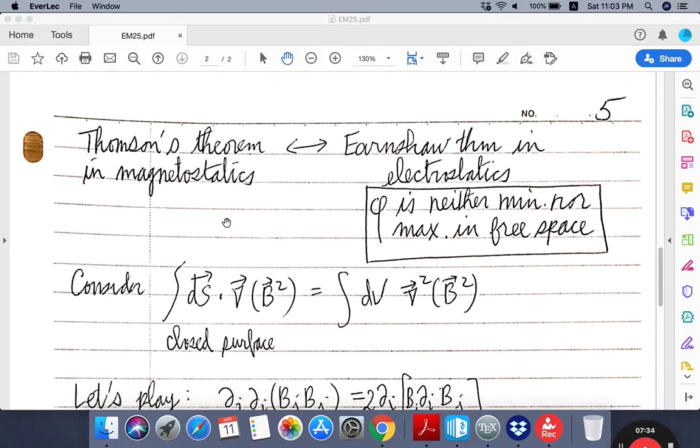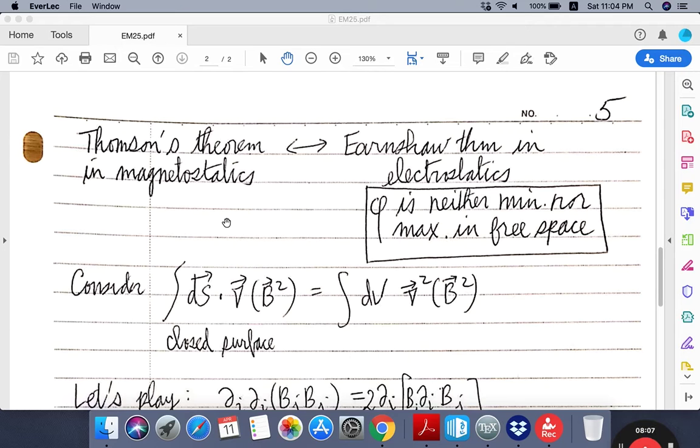Of course, he also made important contributions in thermodynamics and also engineering. And he was a pretty versatile guy. There are a couple of theorems in electrostatics, electromagnetism, and also in fluid dynamics that bear his name, which probably means that he was very good at mathematics of his day.